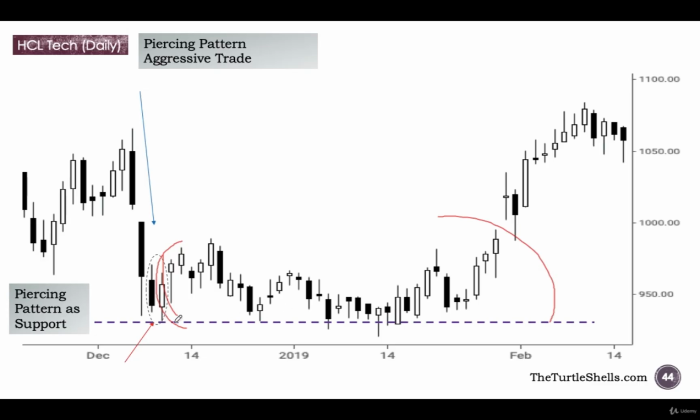So the support has held, but the price has not rallied because there is resistance here. There are bears sitting here. It's a daily chart, so it took so many days from December 2nd week till February. The price has not crossed that resistance line.